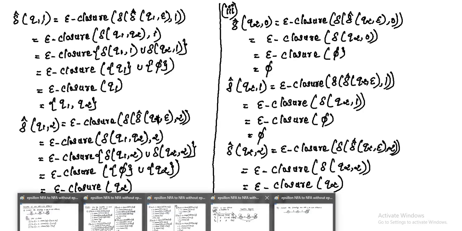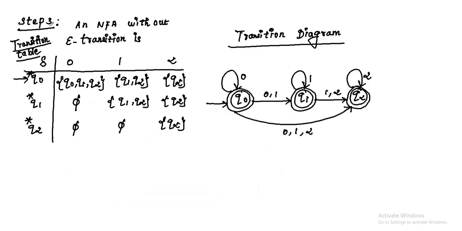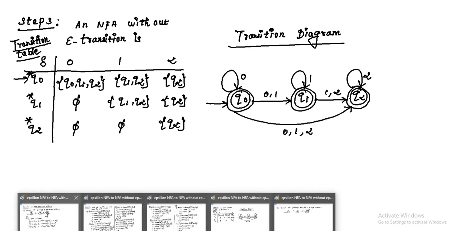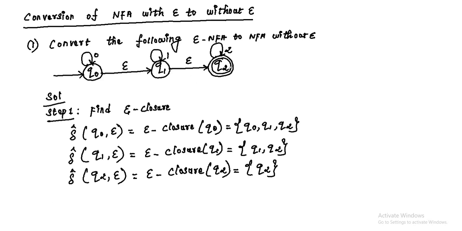Next, third step. In this third step, finally, you have to put the transition table and a transition diagram. There are 3 states in the transition diagram, q0, q1 and q2. Here in this transition diagram, q0 is the starting state and q2 is the final state.